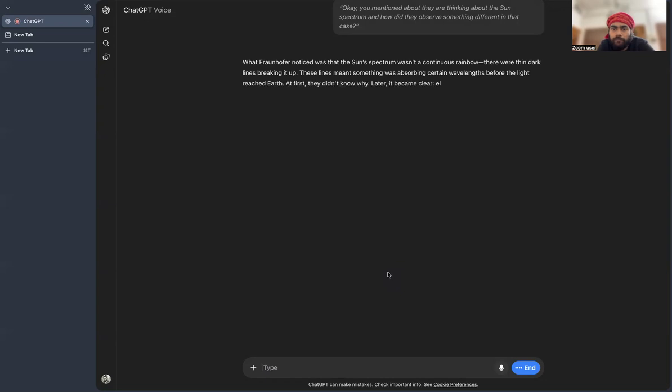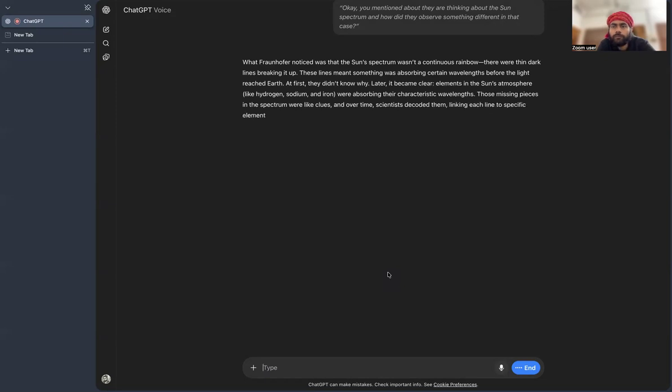At first, they didn't know why. Later, it became clear. Elements in the sun's atmosphere, like hydrogen, sodium, and iron, were absorbing their characteristic wavelengths. Those missing pieces in the spectrum were like clues, and over time, scientists decoded them, linking each line to specific elements, thus identifying what the sun and other stars are made of.